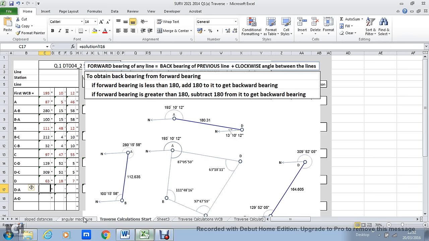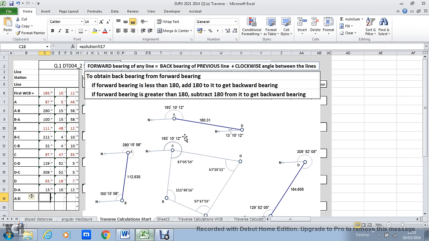So you add the two of them together, but if they go above 360, you then take away 360 from the answer. So you can see it's adding up to 373 degrees, 10 minutes and 12 seconds. So we have to subtract 360 from it because we've gone full circle. And you can see I've shown the angle in here, 13 degrees, 10 minutes and 12 seconds.